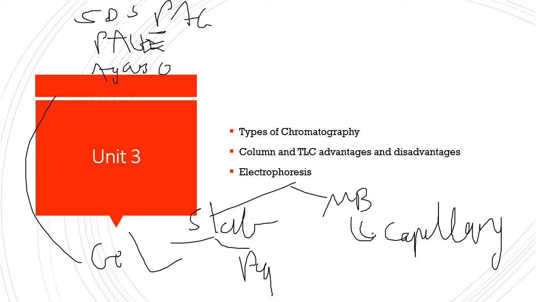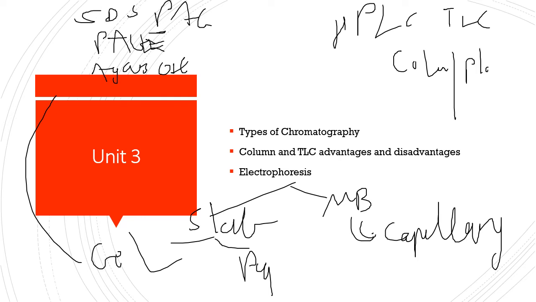These are the different types of gel that can be used for electrophoresis. Column and TLC, you have to study the difference between HPLC, TLC, or column and planar chromatography. That is very essential with respect to semesters.